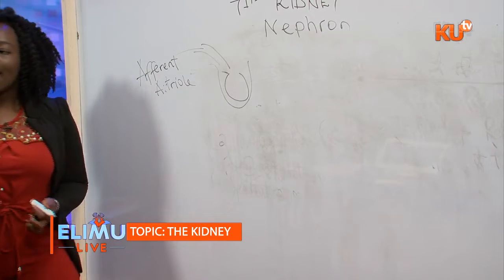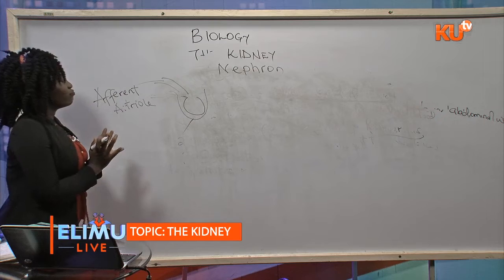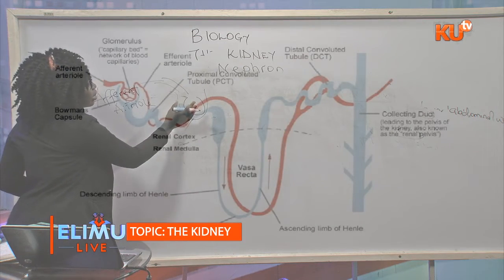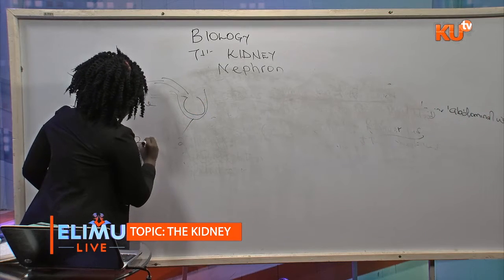The glomerulus acts as a sieve. The outer ball-like structure that caps the glomerulus is called the Bowman's capsule.